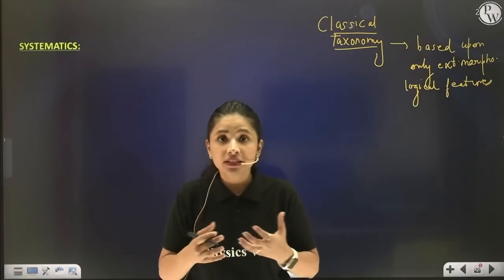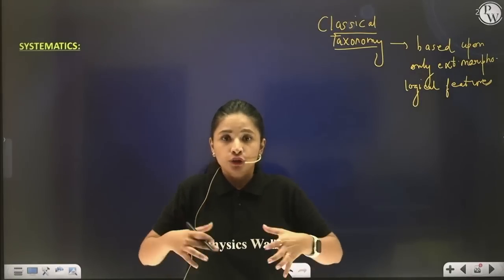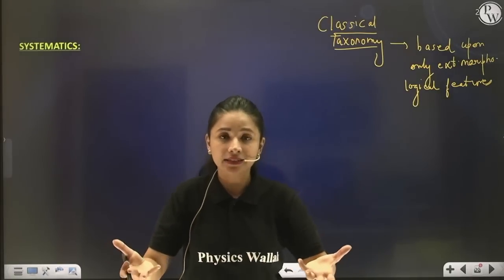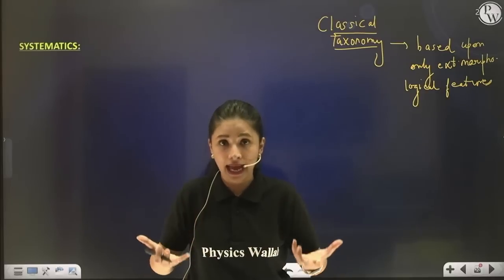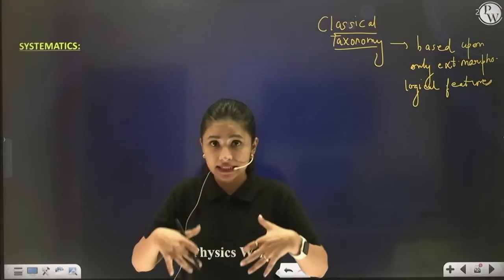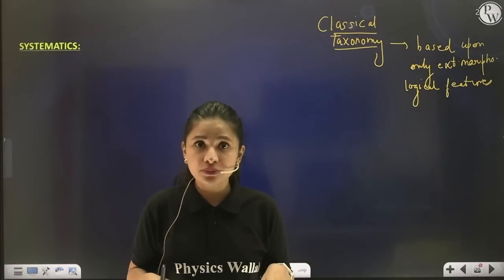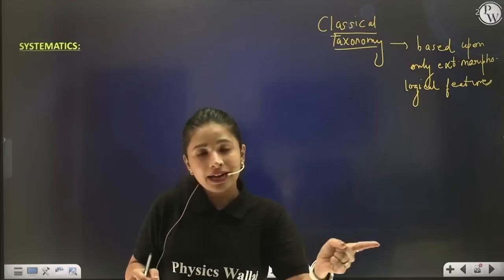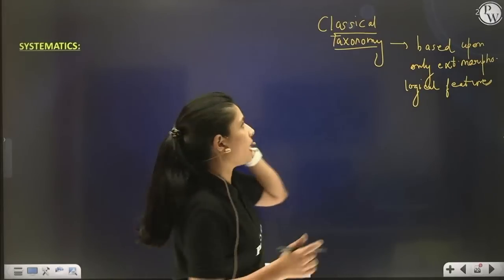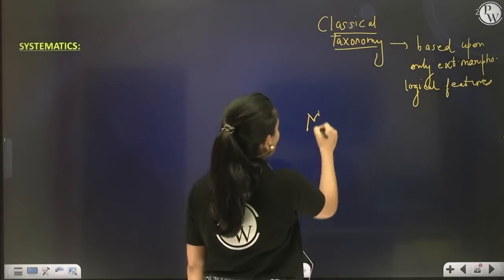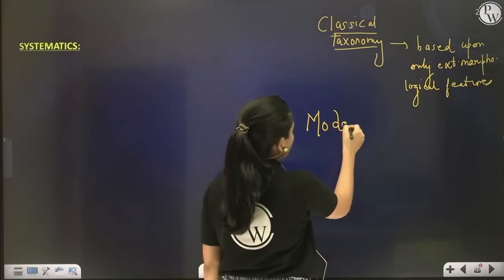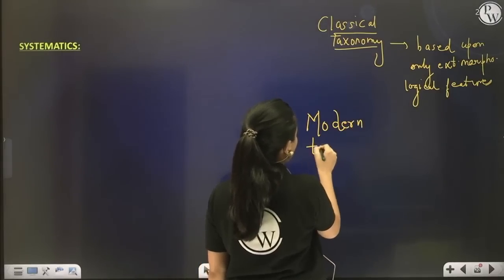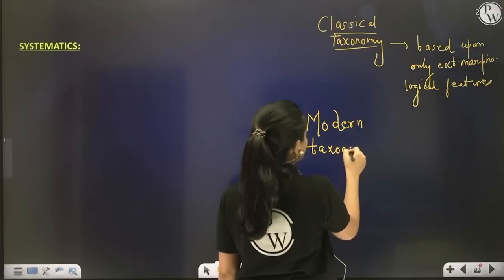Now new scientists will come, they will try to modernize taxonomy, they will try to consider characters which are not only external but internal as well. So classical was replaced by modern taxonomy, also known as biosystematics.